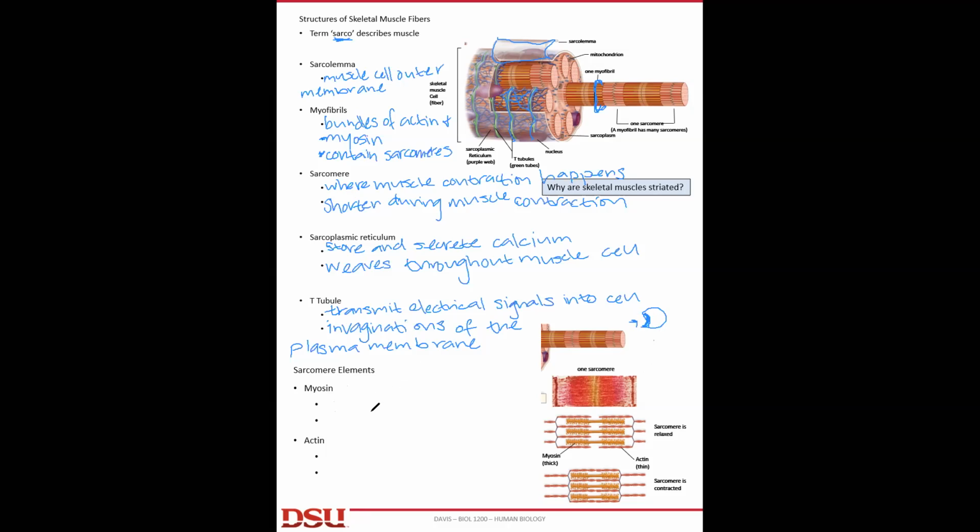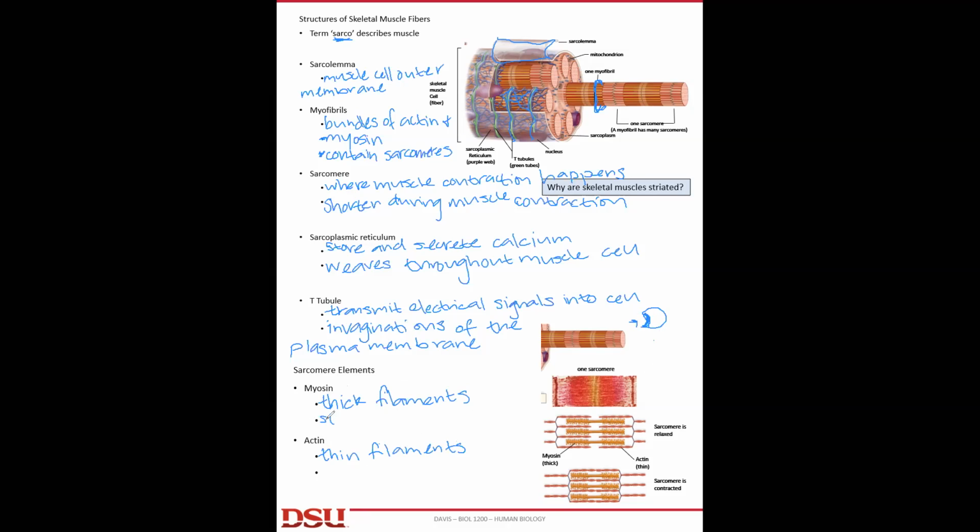Okay, so let's talk about our actin and myosin. Myosin is thick. These are thick filaments. Whereas our actin is thin. Okay. Myosin is stationary.